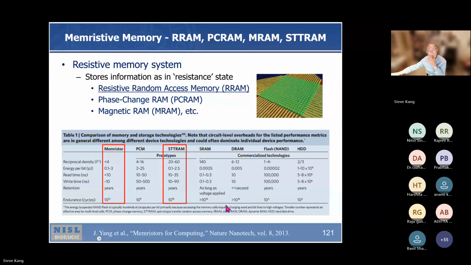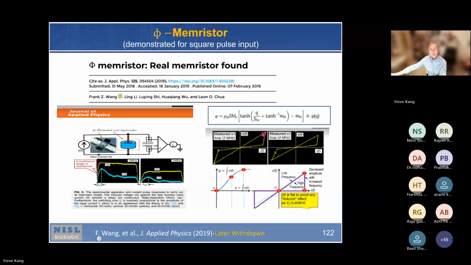So there are competing technologies. There are some successful startup companies using this Memristor. There was also an attempt to produce a real ideal Memristor using real magnetic flux. So it's called a Phi Memristor, a real Memristor found, not a generalized Memristor.